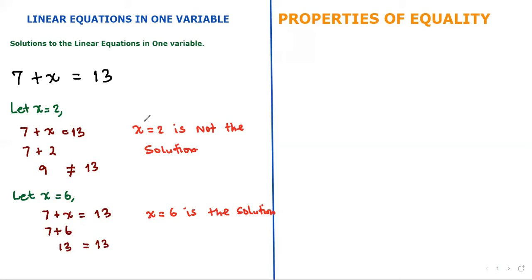So in our today's lesson, let us look at the properties of equality. Okay. Now, our property number one that we are going to look at, we call it the symmetric property.